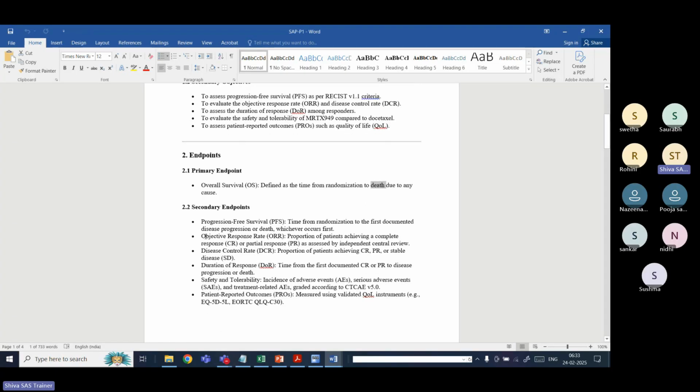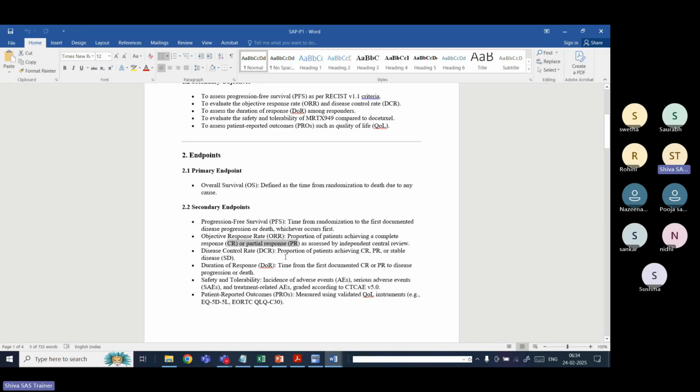How do they evaluate the secondary objectives? Progression free survival is the time from the randomization to the first documented disease progression or death, whichever comes first. Objective response rate is CR plus PR divided by the total number of subjects.